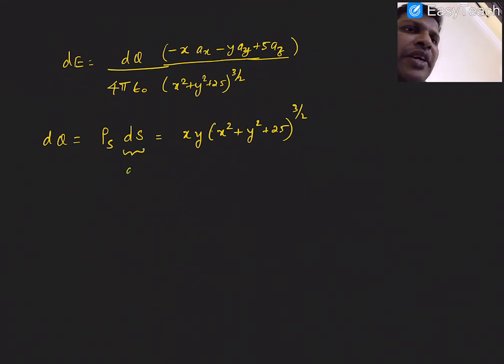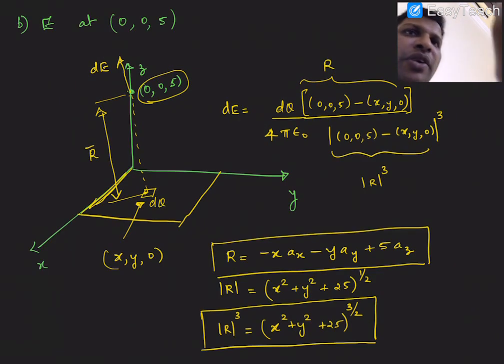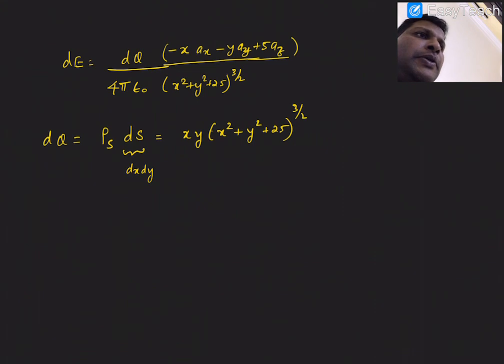What is that area? It is nothing but dx dy, because if you consider a small area like this, you know that this is dx and this is dy. So the area ds will be equal to dx dy.